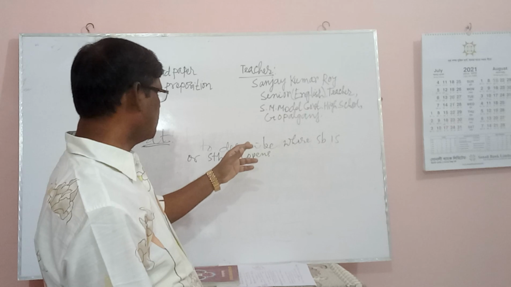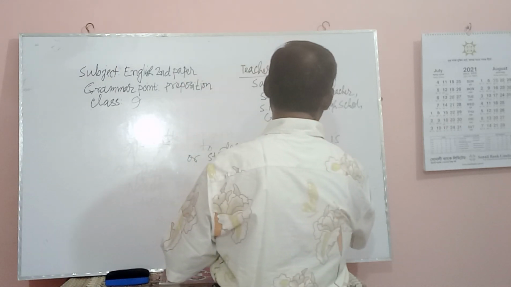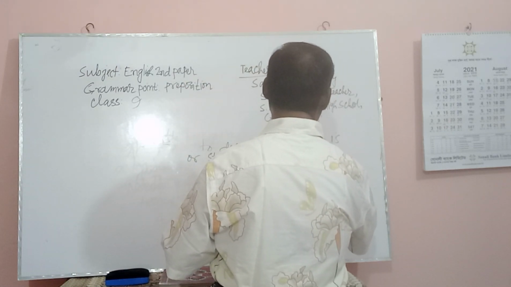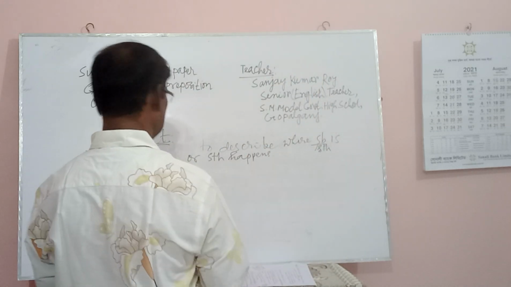At is used to describe where somebody or something is, or where something happens.